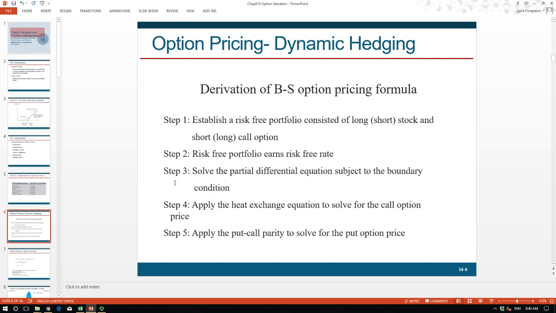And initially they had difficulty publishing their research paper, but later on people recognized that their finding is path-breaking. It changed the way we understand how this financial market works.